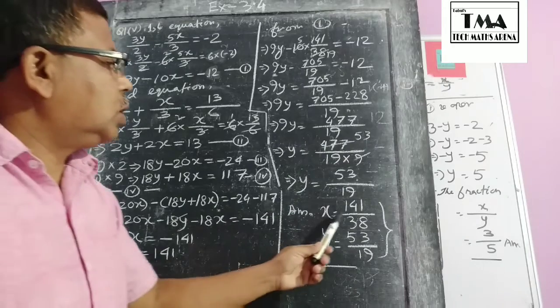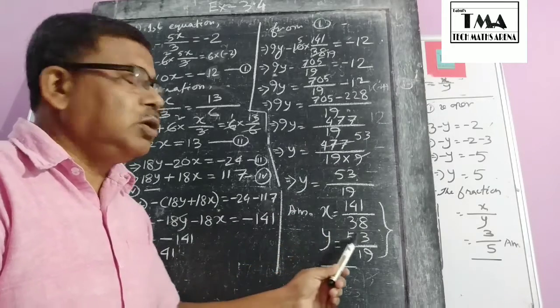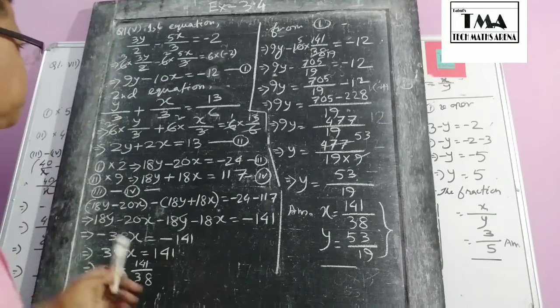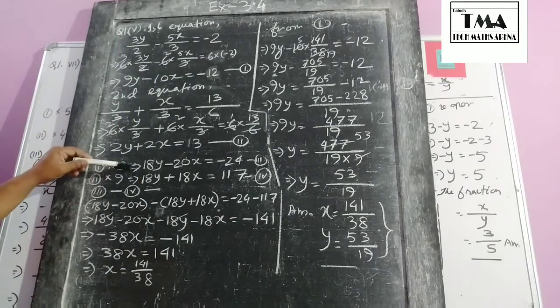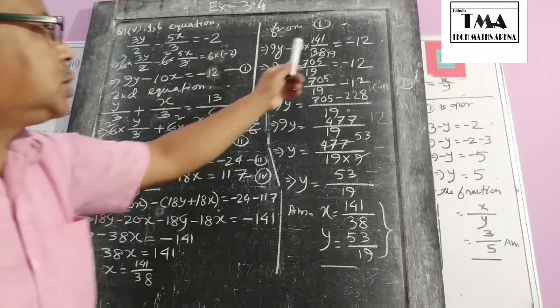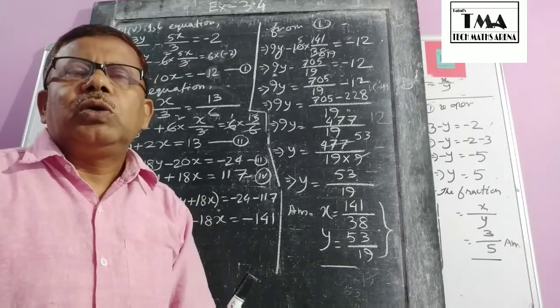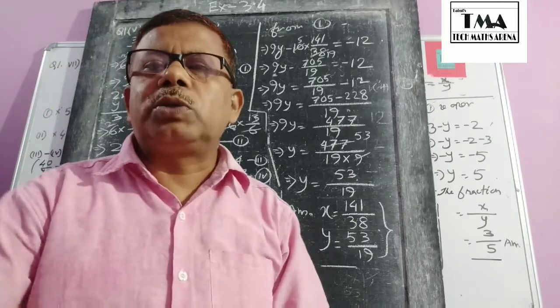So x is equal to 141 by 38, y is equal to 53 by 19. Here we have eliminated y, so we get the value of x. Now putting the x value, we have got y. So in this way, we can carry out the elimination method.